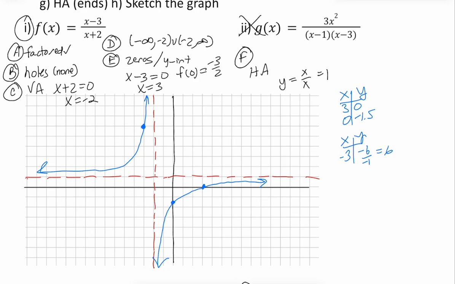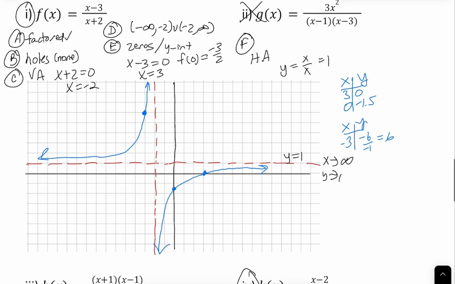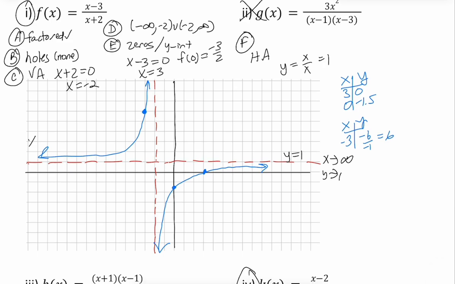Okay. As x goes to infinity, y is heading to 1. That's our horizontal asymptote. We have a horizontal asymptote at 1. As x goes to -infinity, y is heading to 1. Remember, we had a vertical asymptote at -2.